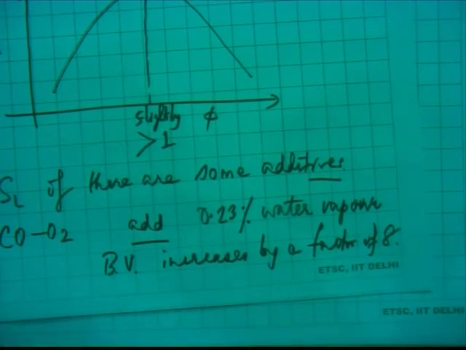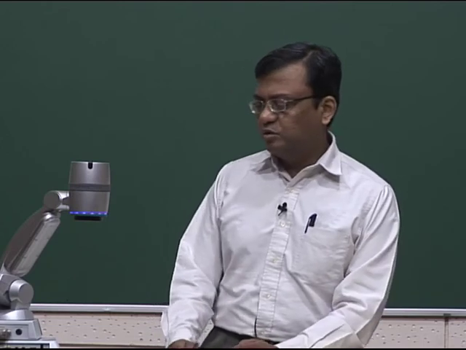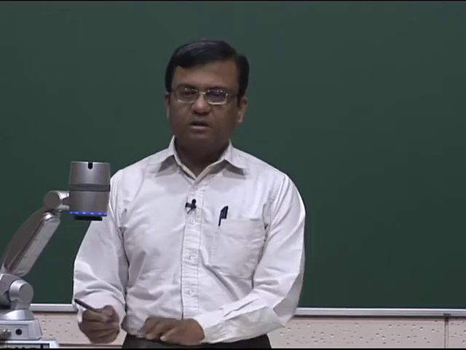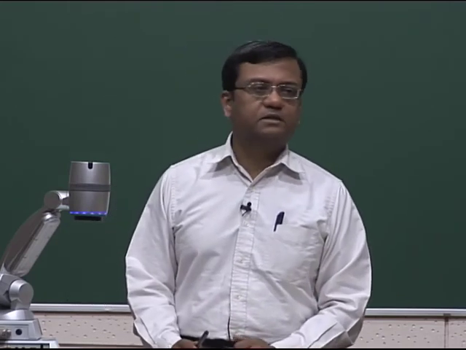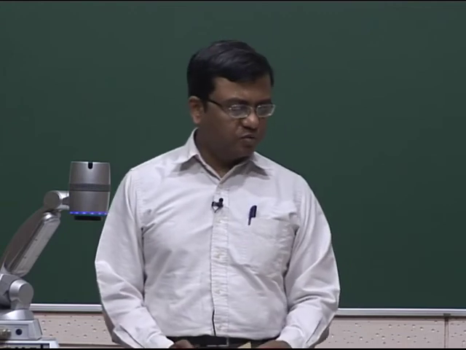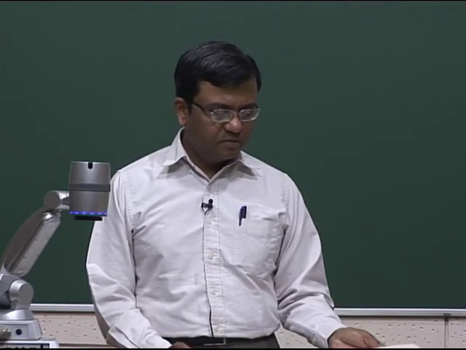I am quoting 0.23% because there is data; somebody has done this experiment. So, with 0.23% water vapor, the laminar burning velocity increases by a factor of 8. Okay. So, this is a situation where you have added something and it has really increased the burning velocity.